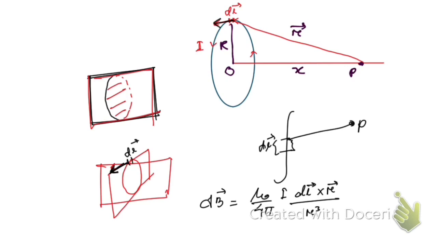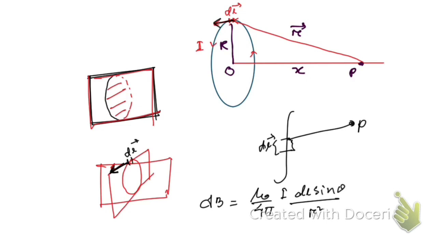Hope you know this. And in scalar form, the magnitude of dl cross r is dl r sin theta, and if you cancel r cube by r, it gives you r square. This is in scalar form.